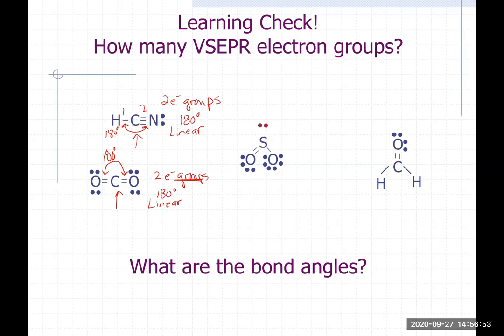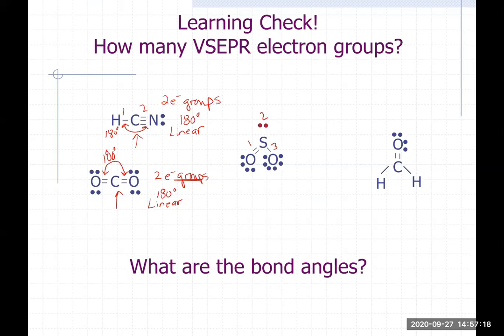Let's look at SO2. How many VSEPR electron groups surround the sulfur, which is the central atom, flanked by 2 oxygens? 1, 2, the lone pair counts as a group, and 3. Double bond counts as 1 electron group, single bond counts as 1 electron group, lone pair counts as 1 electron group.